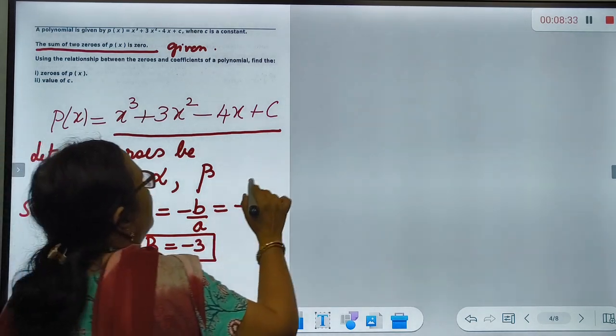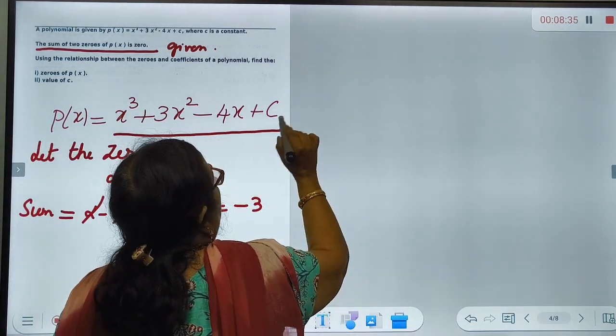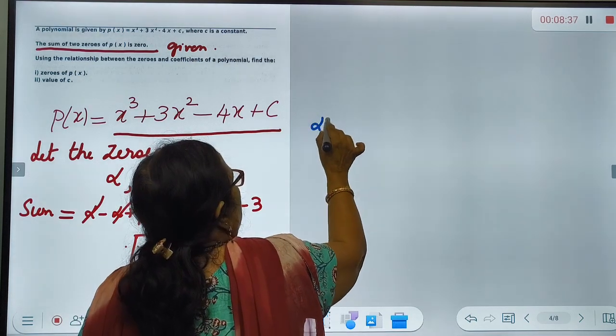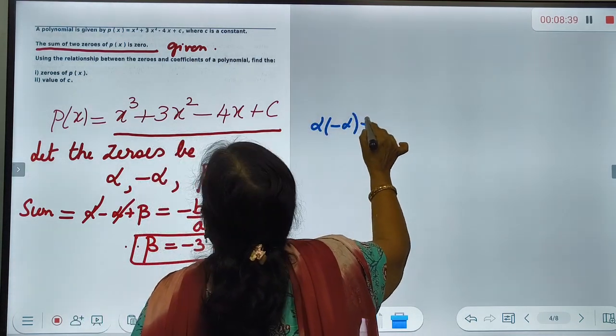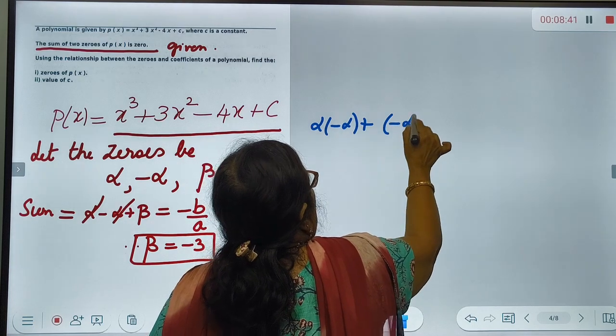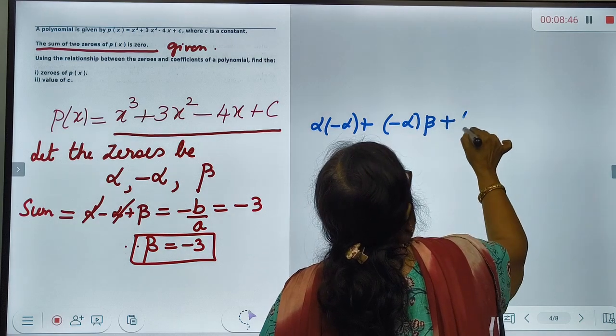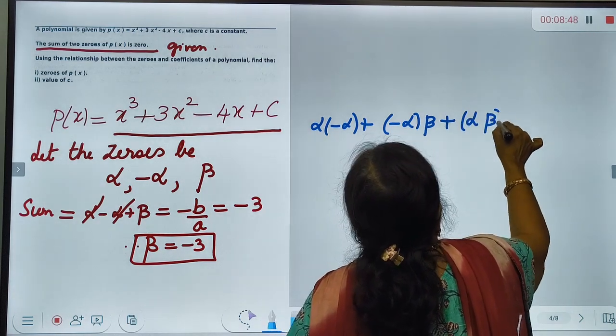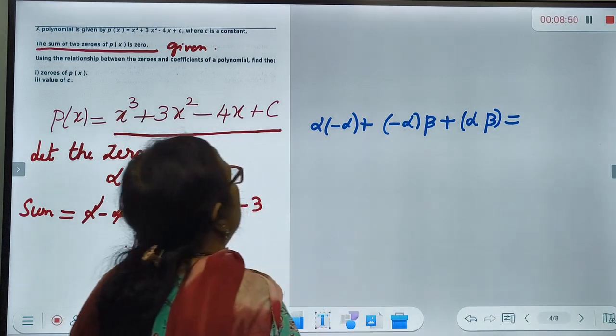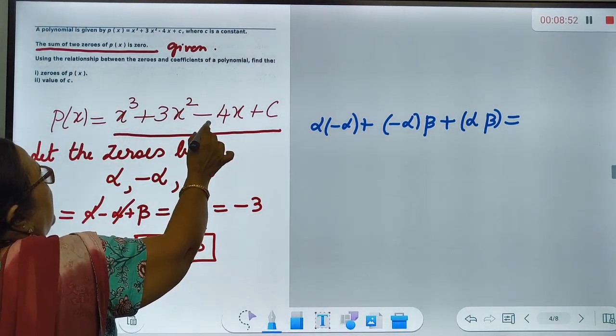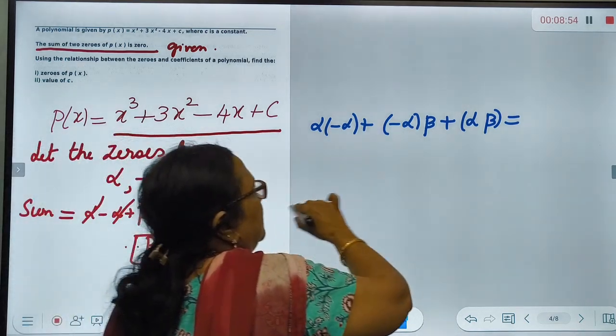Then what else do we know? Product of the roots taken two at a time. So alpha into minus alpha plus minus alpha into beta plus alpha into beta is equal to c by a, minus 4 by 1.